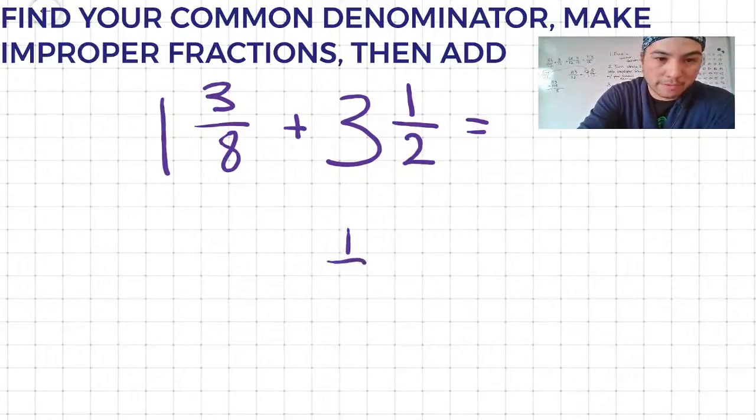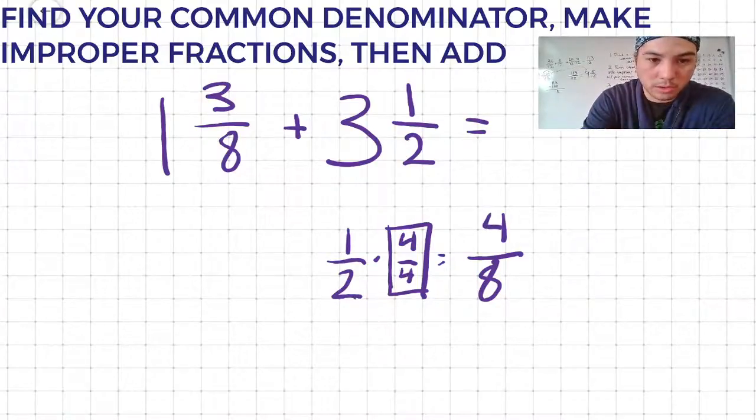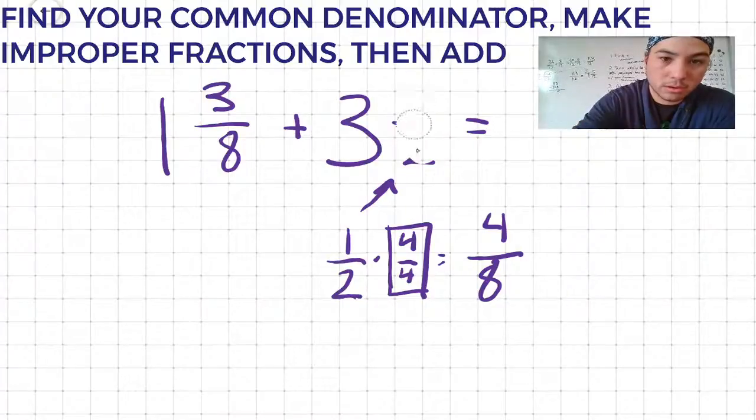So 1/2 times some equivalent of 1, and how would that be in eighths? 2 times what equals 8? 2 times 4 equals 8, so use your 4/4. And then 1 times 4 equals 4. So we know this half is equivalent to 4/8, so we can erase it and replace it.